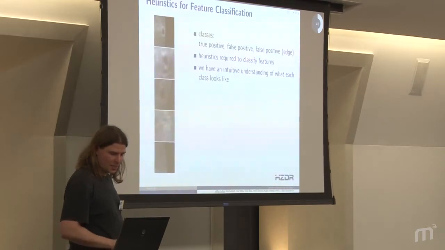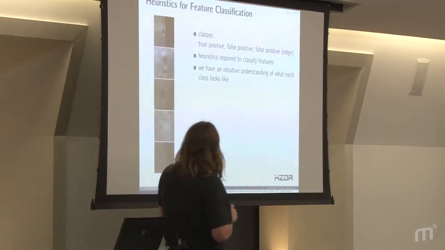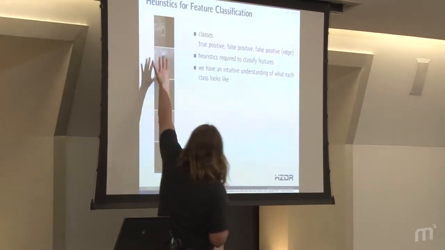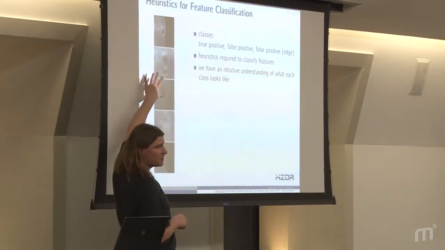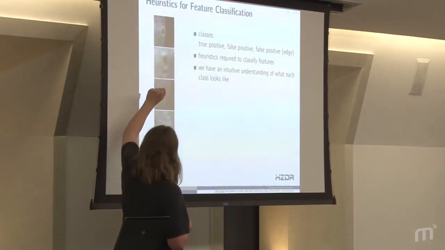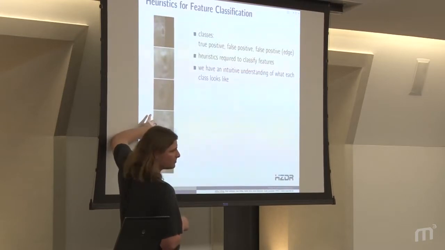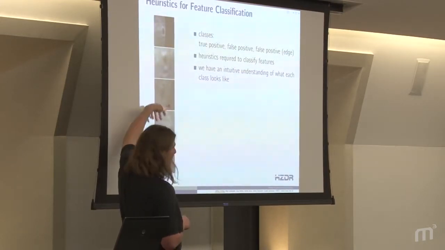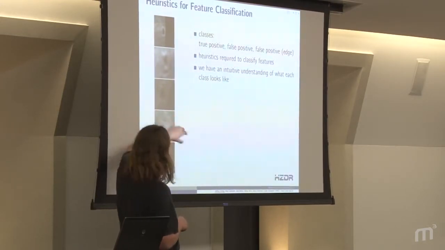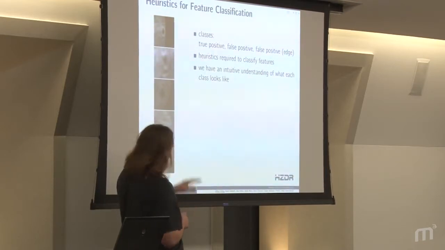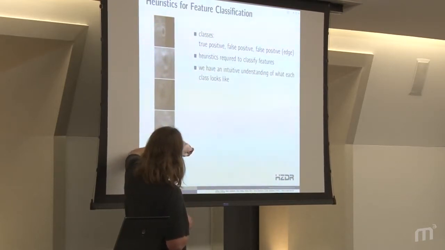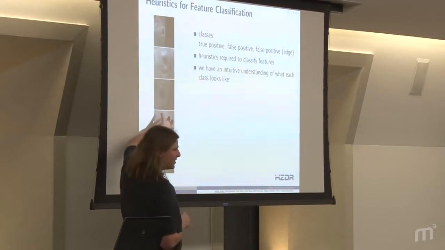So the classes we are classifying into are the true positives, that are the things we actually want to see, which are pointing to the broken mirror. Then sometimes we have these random occurrences of something which peaks outside of the margins, and that's not so bad. We don't want this, so that's a false positive. So we want to classify this as false positive.